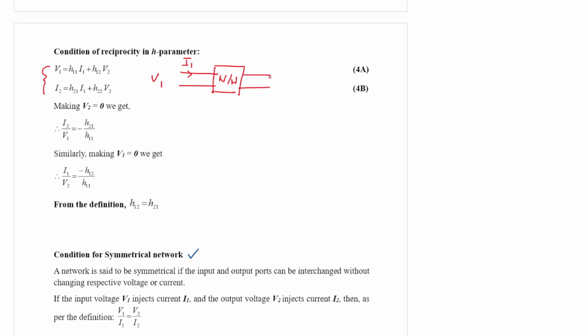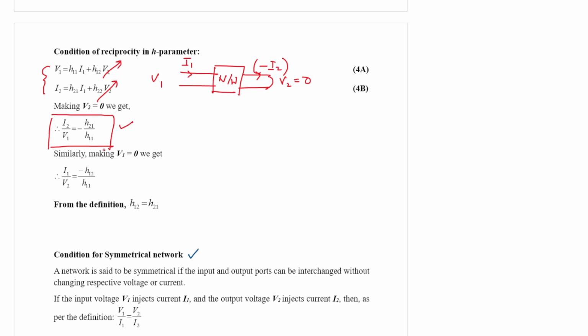Now let us make a short circuit at the secondary to make V2 equal to 0. The current will become minus I2. So when you make V2 equal to 0, these two terms will be gone. So it follows immediately: if you divide these two equations, I2 by V1 is equal to H21 by H11.